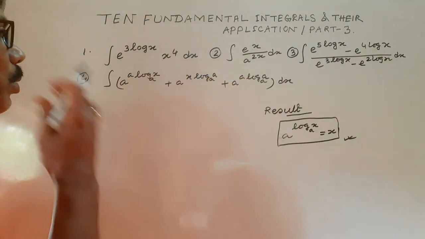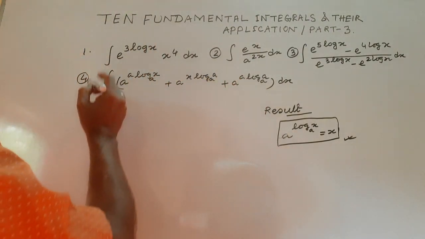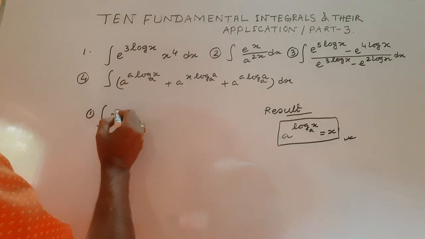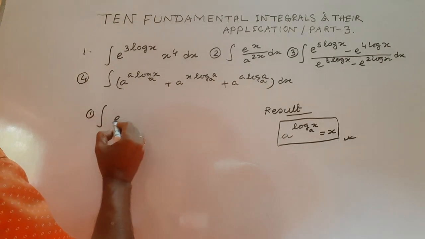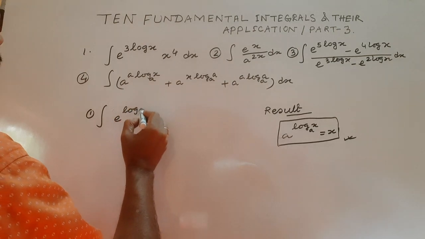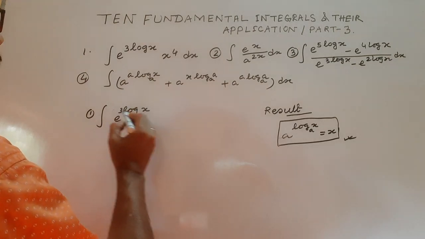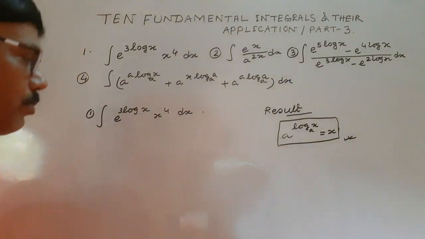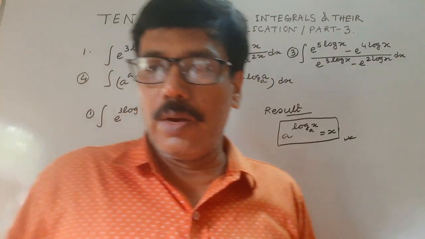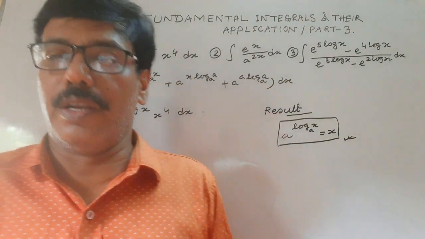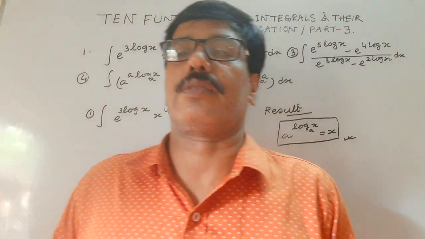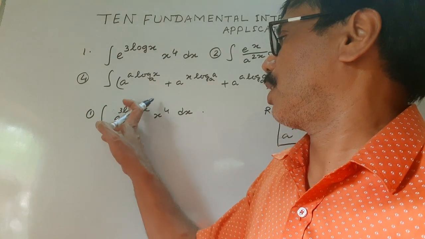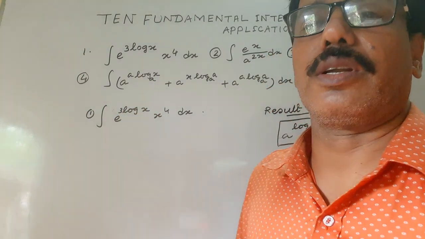Now look, formula problem number 1: e to the power 3 log x into x to the power 4 dx. Now we can find the derivative of e to the power x when x is linear, but here it is logarithmic.